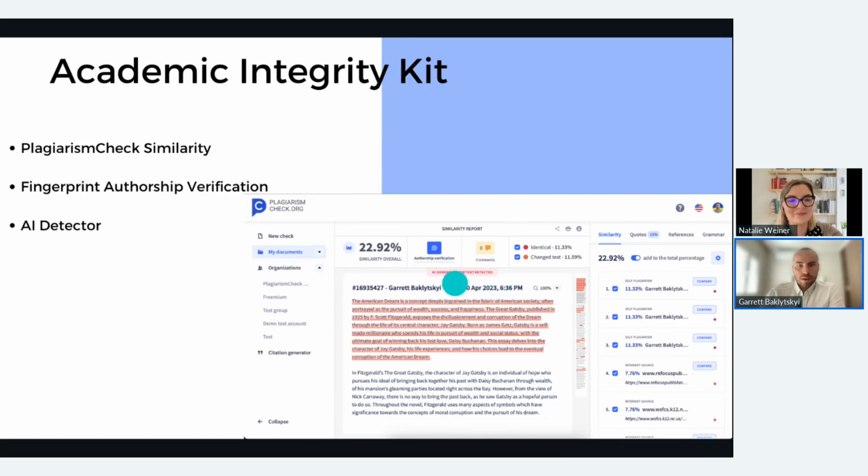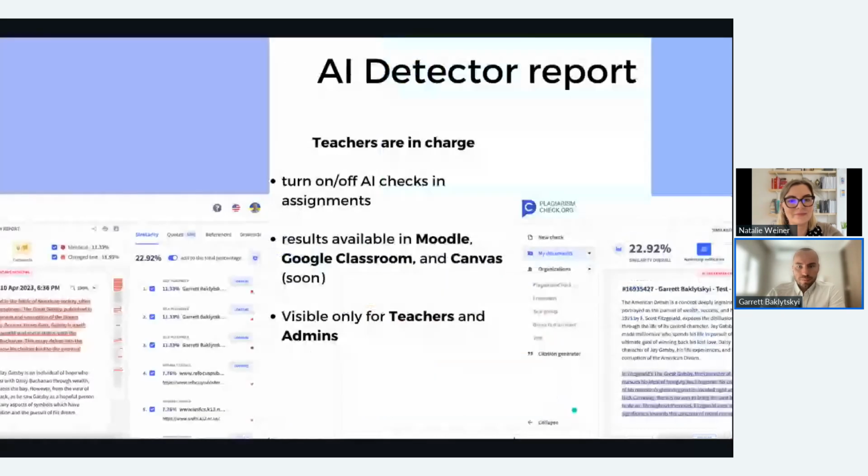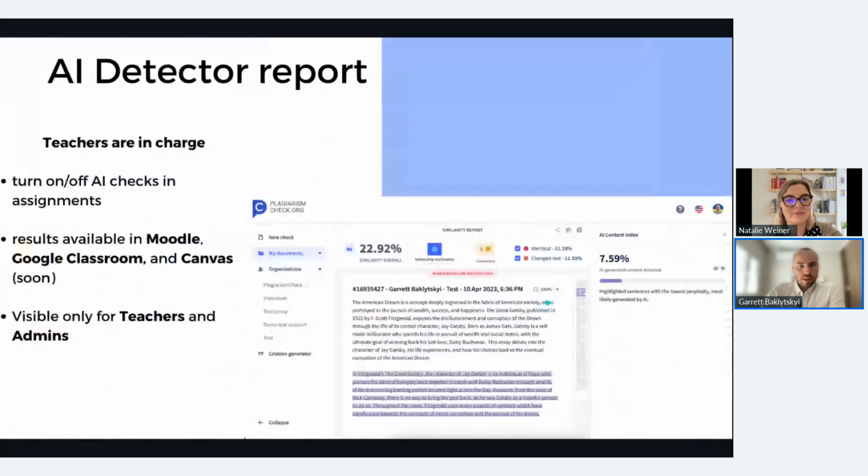Once you click on this part, we open an AI detector report for you, where we show the sentences that are highly likely generated by AI, and we show the percentage these sentences take in the whole text. It is important to understand that this percentage can be added on top of similarity, for example.